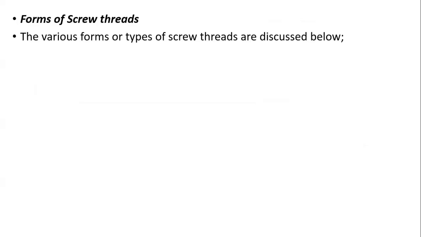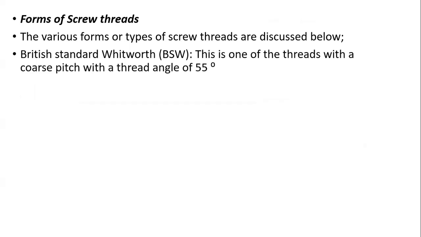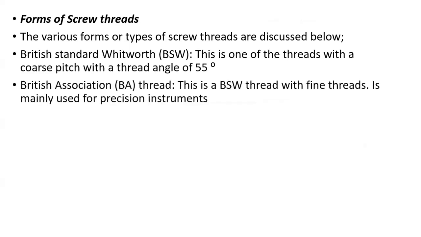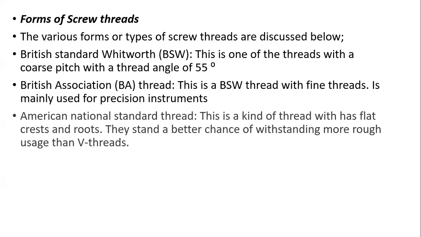So what about the forms of threads? We have various types. Some are called British Standard Whitworth, which uses thread angle 55 degrees. Of the same BSW thread, you can have one that is used for precision measurement instruments. Basically, this one picks up another name, BA thread.